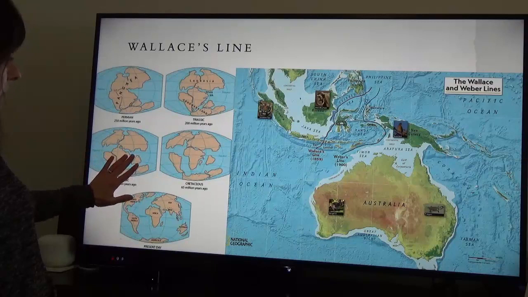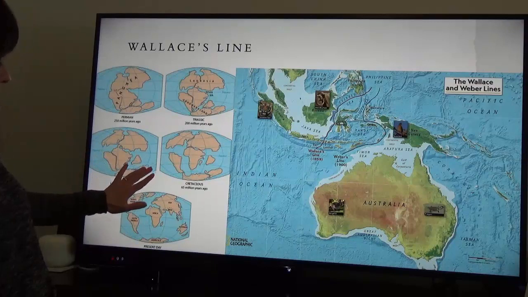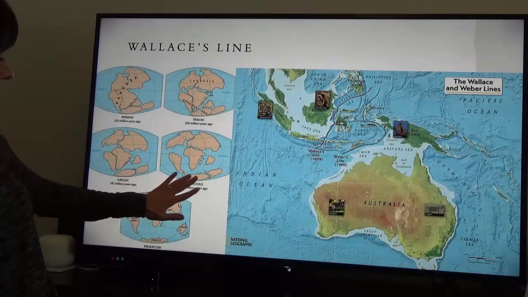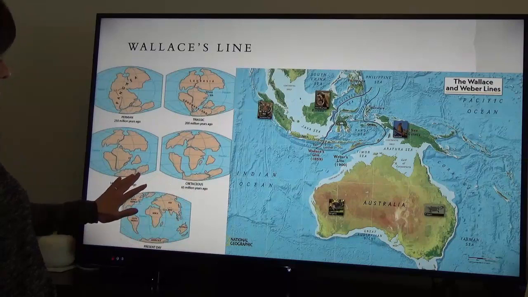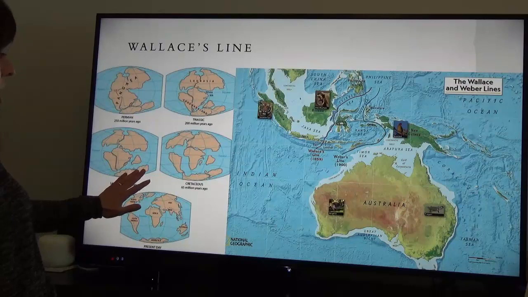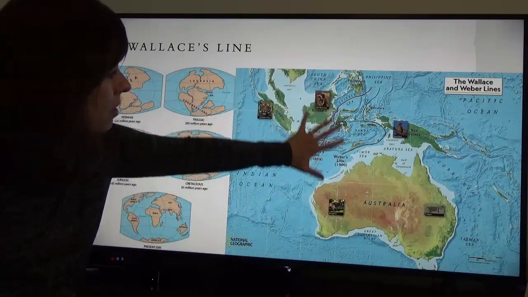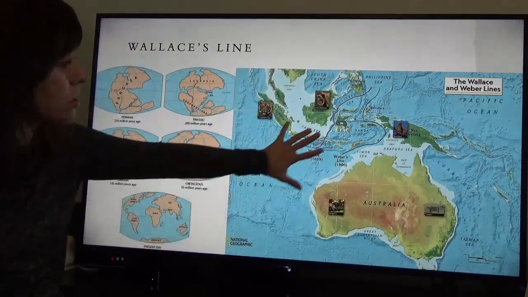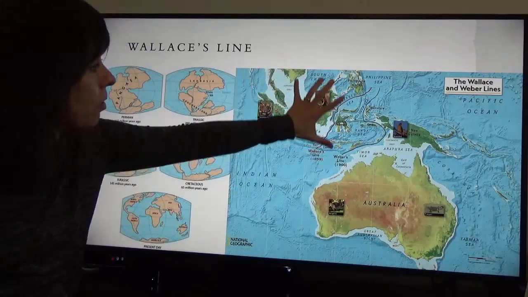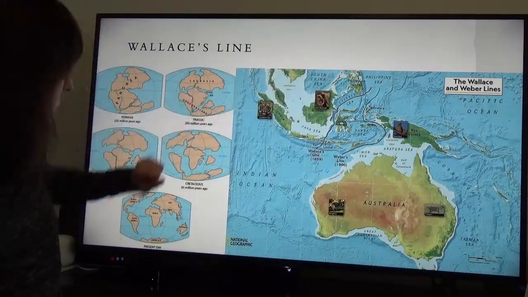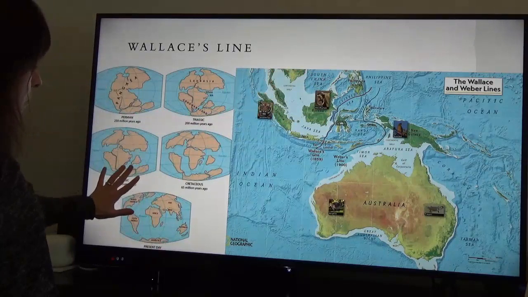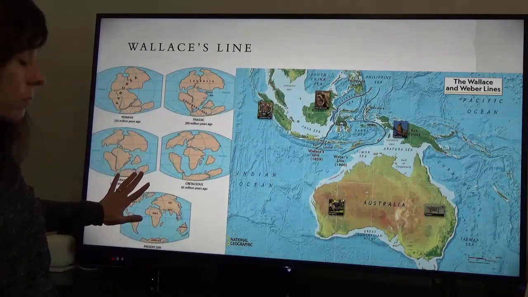So, for example, here we see that Australia in the Jurassic and the Cretaceous was connected to Antarctica, right? It was not connected to the places it is very close to now in present day, Southeast Asia and this whole archipelago region, but through most of geologic history it was not.